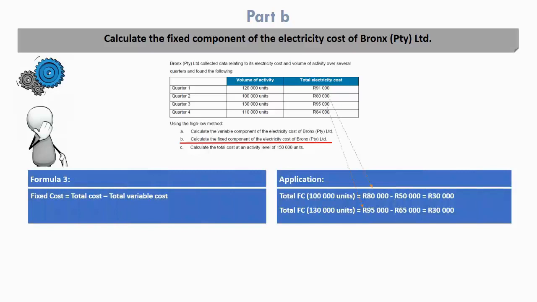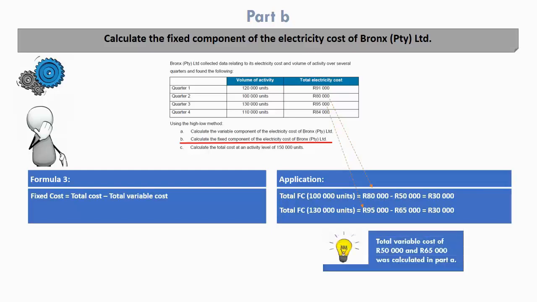At an activity level of 100,000 units, the total fixed cost is 80,000 rand minus 50,000 rand, which is 30,000 rand. And at an activity level of 130,000 units, the total fixed cost is 95,000 rand minus 65,000 rand, which is 30,000 rand.